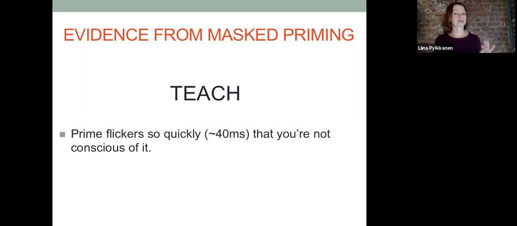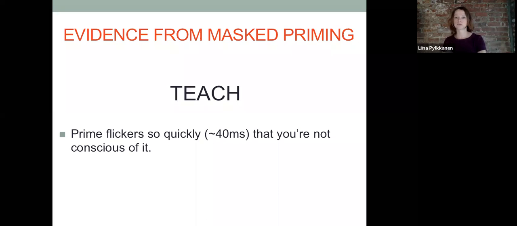Usually roughly 40 milliseconds is the SOA. Remember, we learned that term: the interval from the onset of the prime to the onset of the target. So 40 milliseconds is fast enough that you don't perceive it. The longer it gets, the more chance there is that you actually are conscious of the prime.